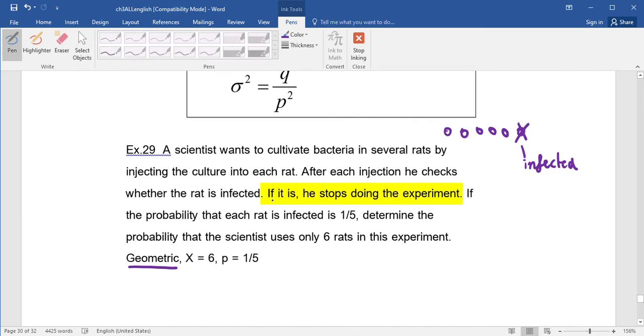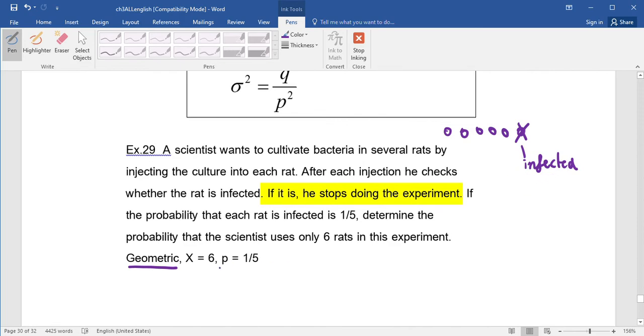It says after each injection, he checks whether the rat is infected. If it is, he stops doing the experiment. So: not infected, not infected, not infected, not infected, infected, so he stops the experiment. Here he's using 6 rats.